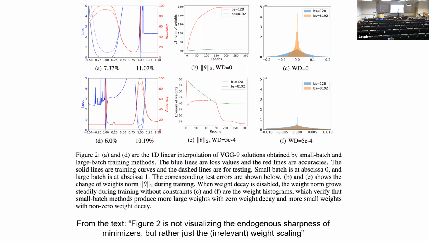So first off, what do you see as far as the flatness of the loss of a model trained with small batch versus large batch? Which one has a flatter minimum? Yeah, so this first plot makes it look like training with a small batch gives us flatter minima, right?